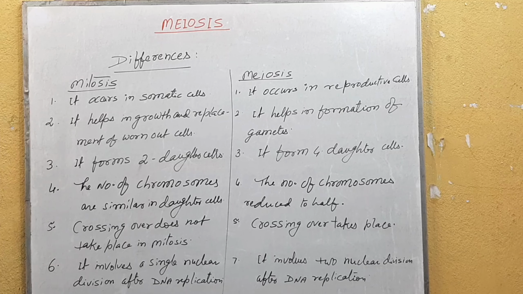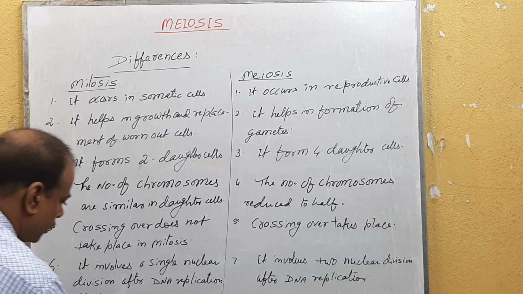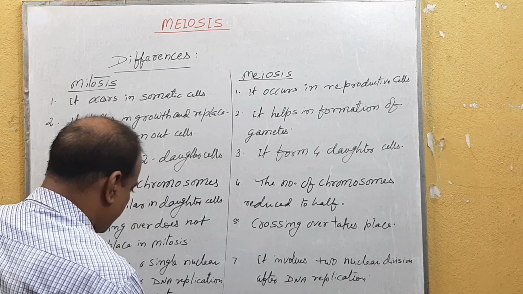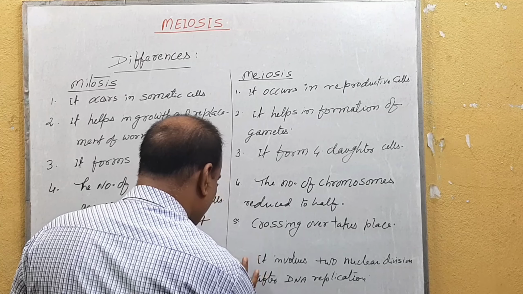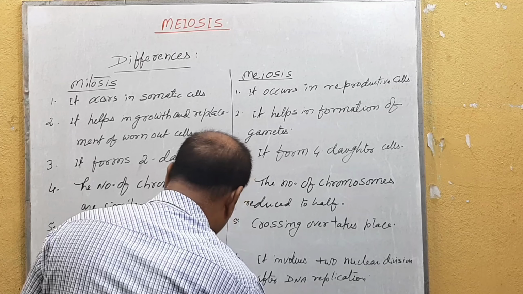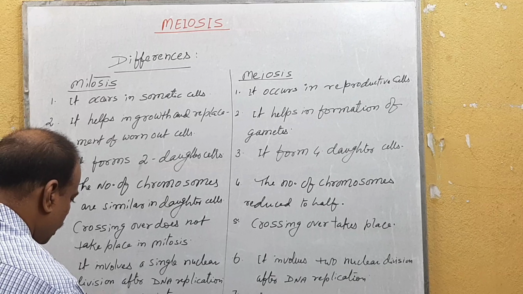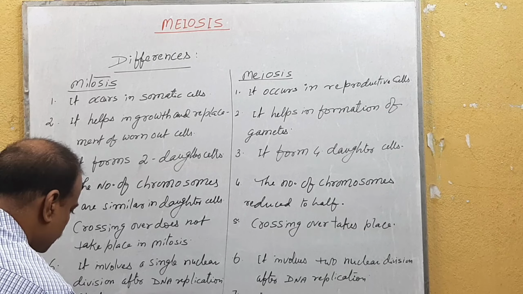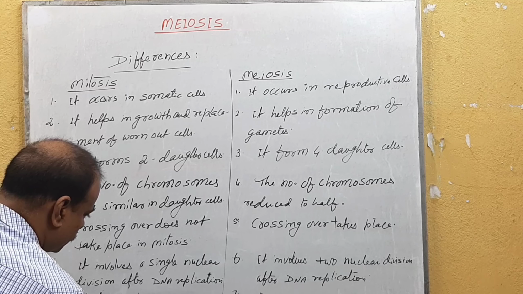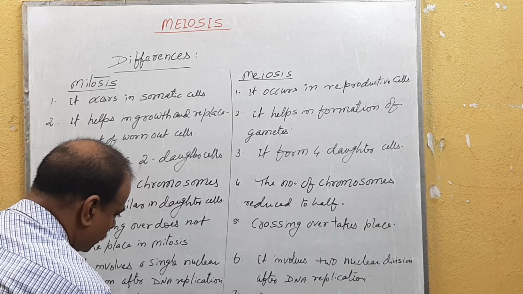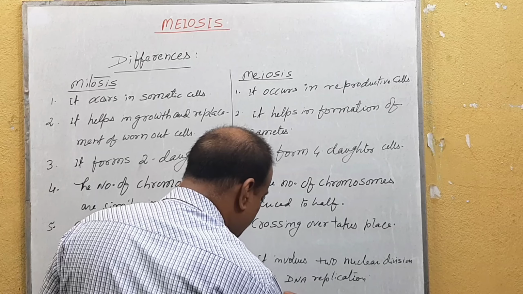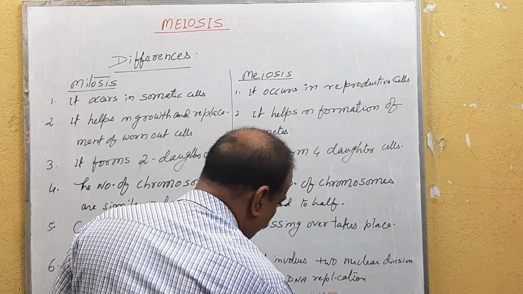And number 7, mitosis does not cause variations, whereas meiosis causes variations.